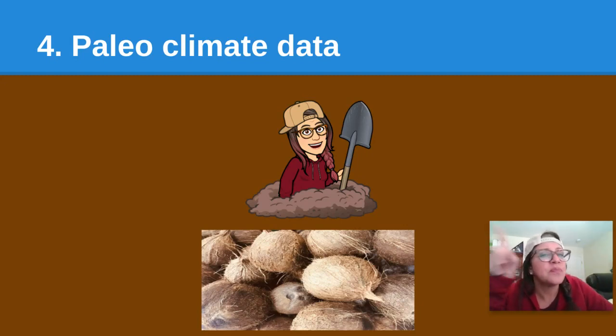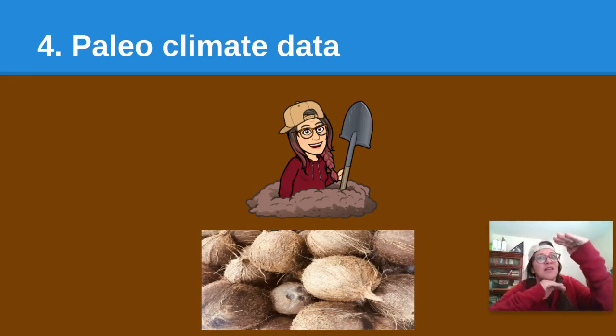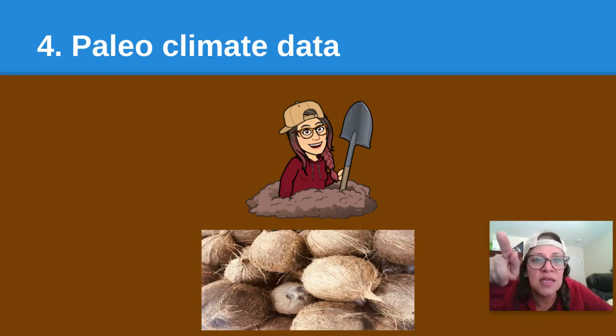Now, don't forget, because of the law of superposition and how sediment gets stored in the layers of the earth, we know that the deeper you dig in undisturbed lithosphere, the older it gets. So if I found coconuts dozens of feet under where I'm standing right now, that would safely say that there was some kind of tropical happenings going on here tens of thousands, if not hundreds of thousands, if not millions of years ago.